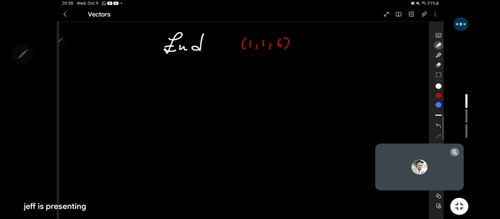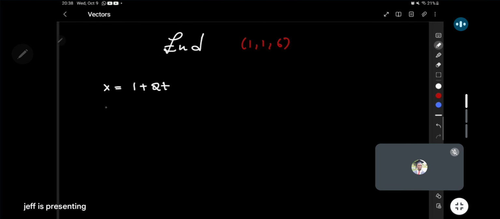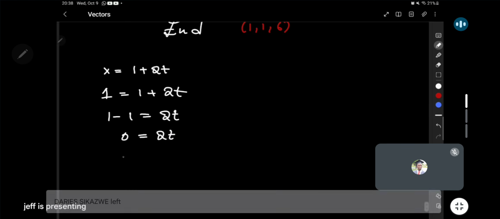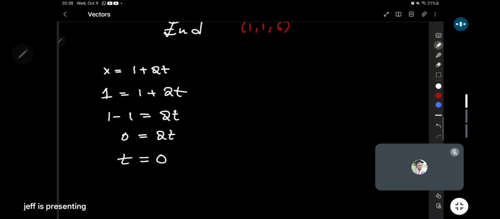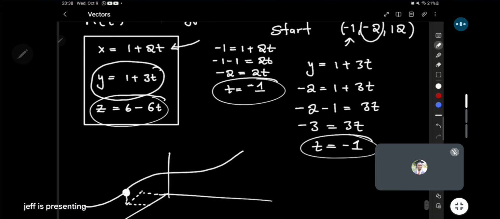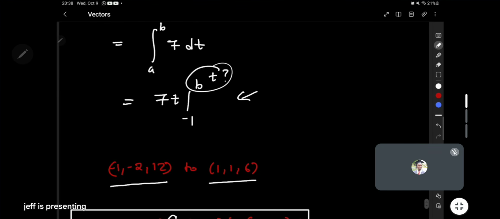So what would be the value of t at the final position? When you solve this, you have 1 minus 1, you have 0 is equal to 2t. 2 cannot be 0, meaning t has to be 0. So our final point is at t is equal to 0. So we can put 0 there.